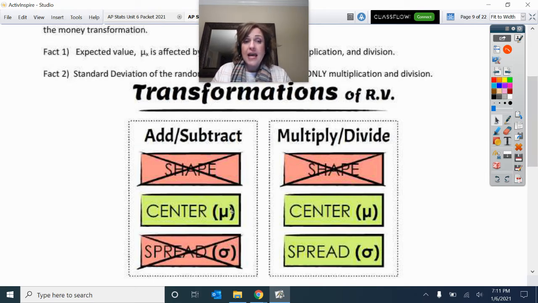The center, the average of all the data, is affected by add, subtract, multiply, and divide. But remember that spread is not affected by adding and subtracting, only by multiplying and dividing. Here's another visual to help you remember those.